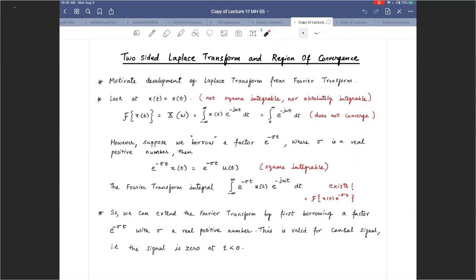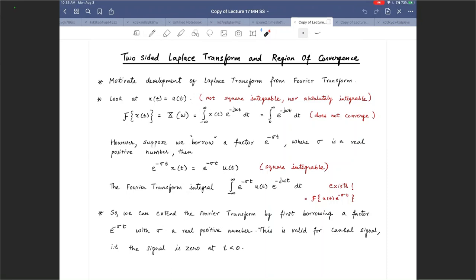If you take the absolute value and integrate over all time, you will not get a finite value either, because this is unit step and it is going to be 1 for all time. As you keep integrating, the area under that curve will keep increasing, whether it be the absolute area or the square of the area, which means when you do the integration over all time, it will not be a finite value. That's a problem.